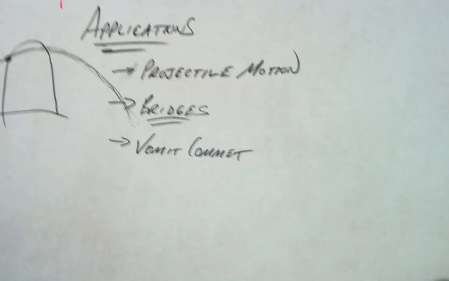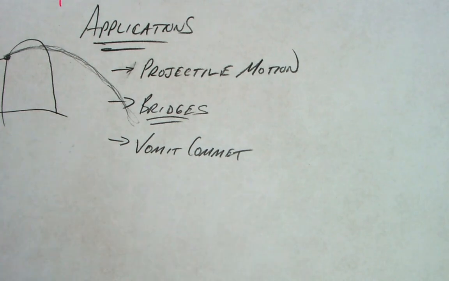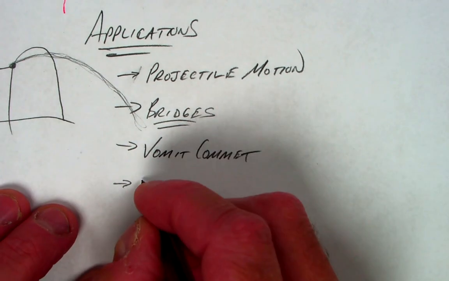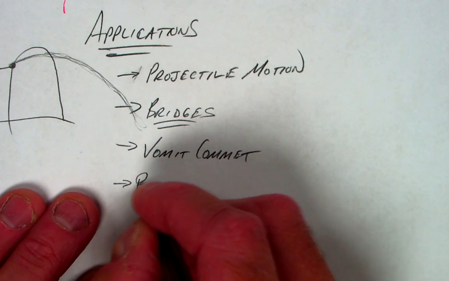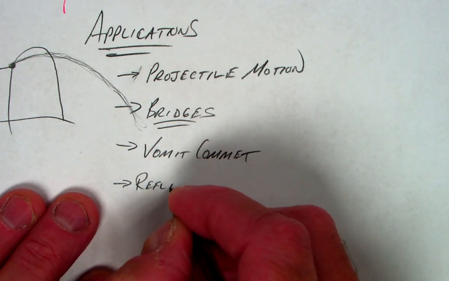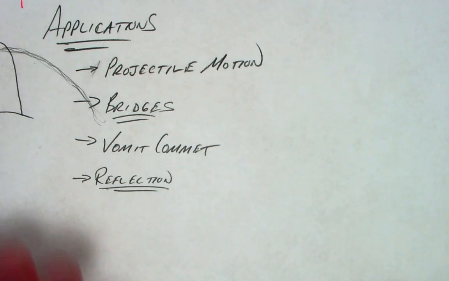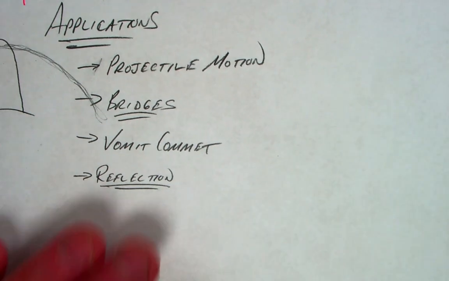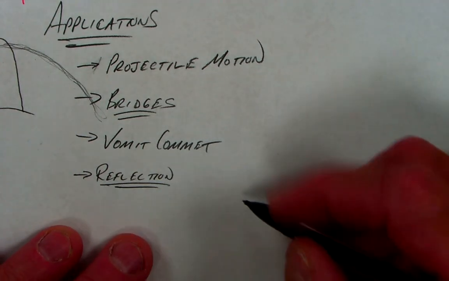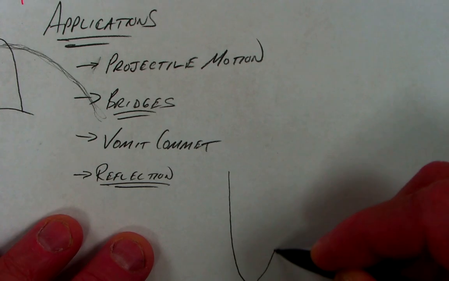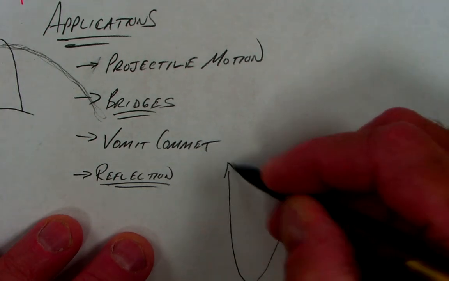Okay? So, but another thing, wow, this I think is cool. Reflection. And let me explain. Okay? A parabola has a very special property that a lot of times people don't talk about. Okay?